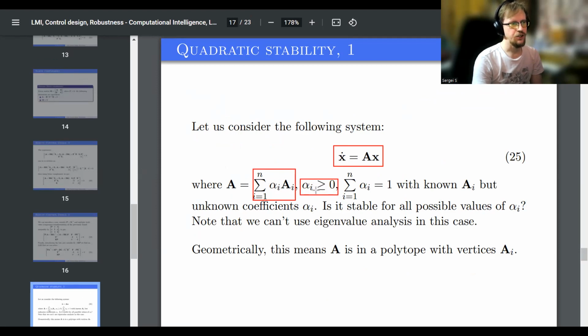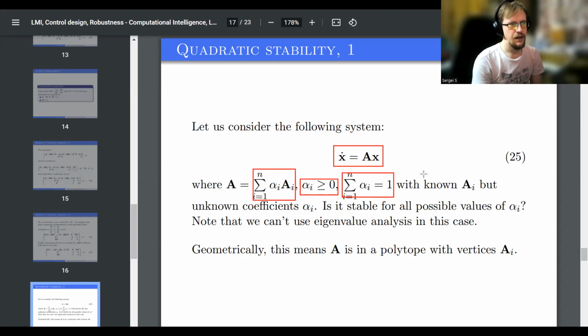These are convex coefficients, so lambda i is bigger than 0, and the sum of all lambda i's is 1. This is called a convex combination because a combination like this would take you from a vertex to the interior of the polytope.